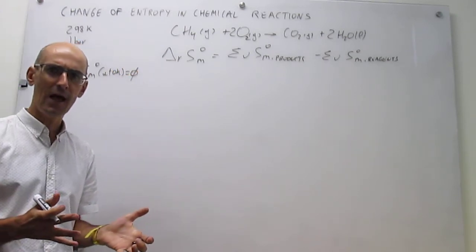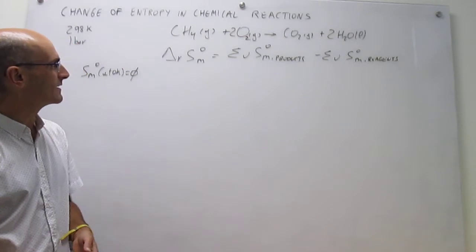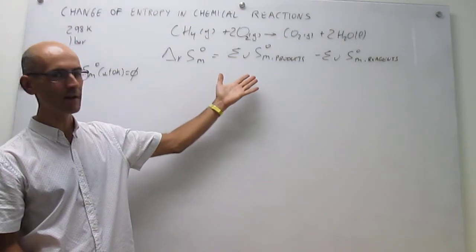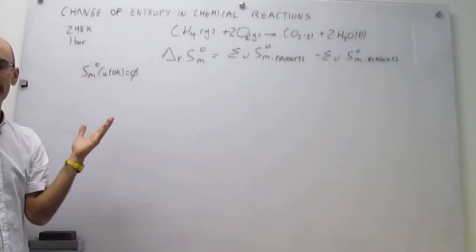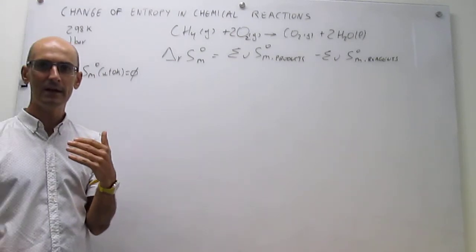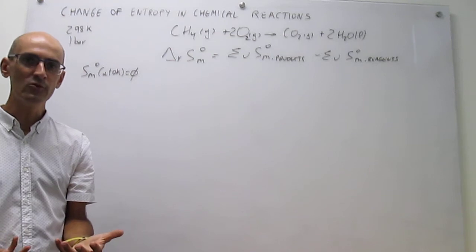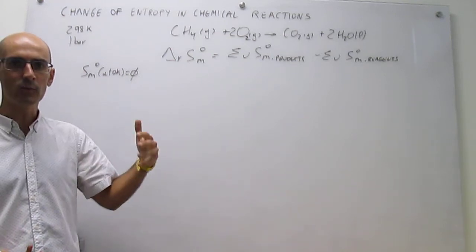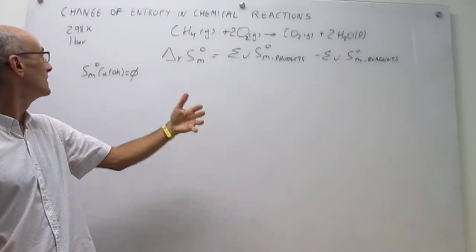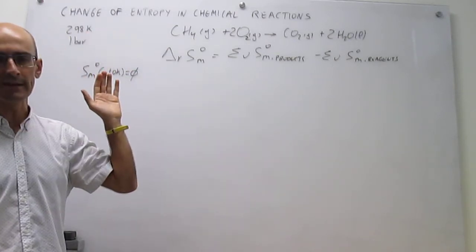The question is, how is this useful to calculate the change in entropy in this chemical reaction when the chemical reaction takes place at 298 Kelvin? Well, the idea is that, based off this zero, we simply have to calculate what the entropy of a substance would be at the temperature of interest, 298 Kelvin.